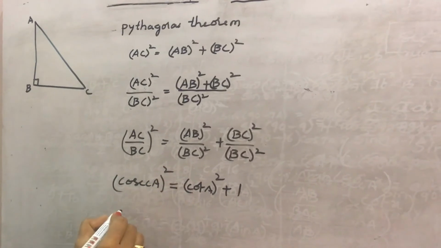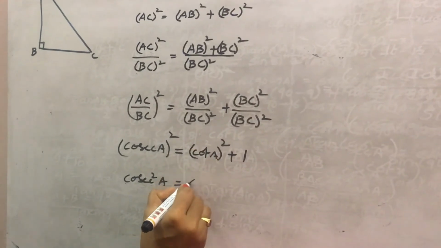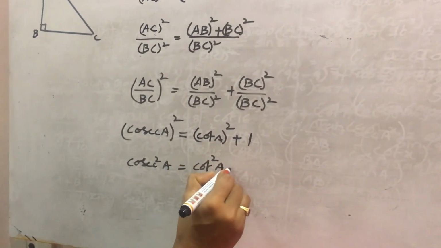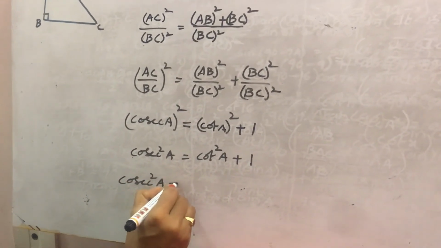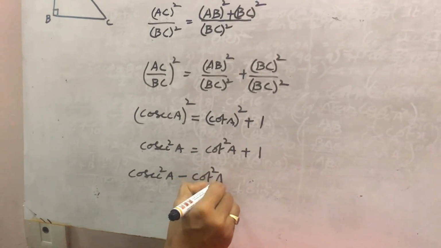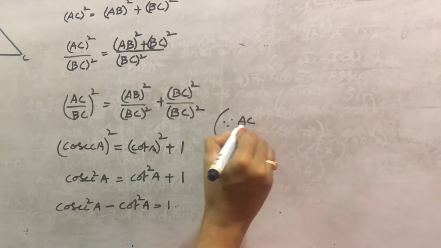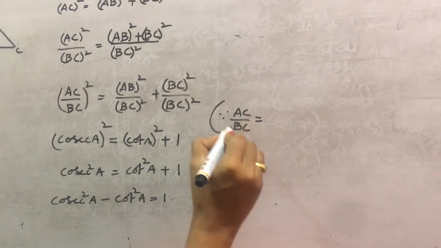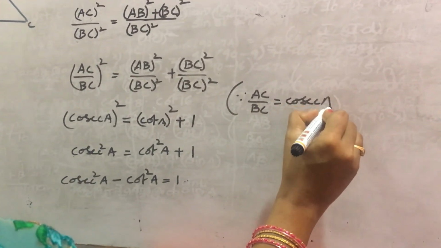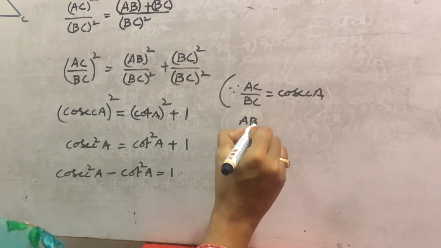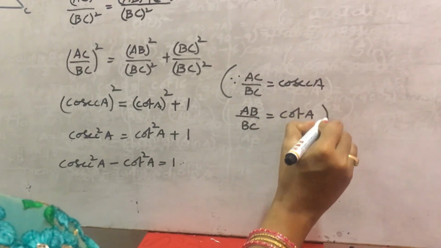Cosec A whole square, we can write it as cosec square A is equal to cot A whole square, we can write it as cot square A plus 1. Or we can write this identity as cosec square A minus cot square A is equal to 1. See here, since AC by BC is equal to, we know, hypotenuse by opposite side to A is cosec A, and AB by BC is equal to cot A.